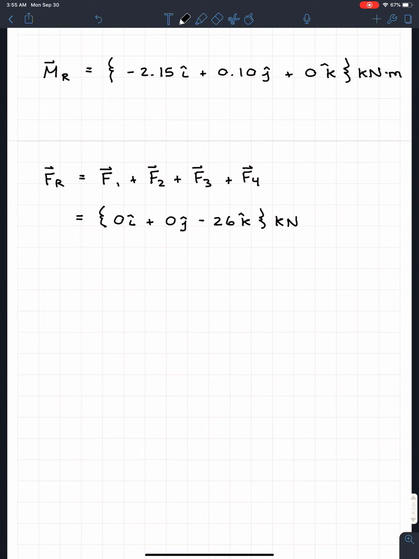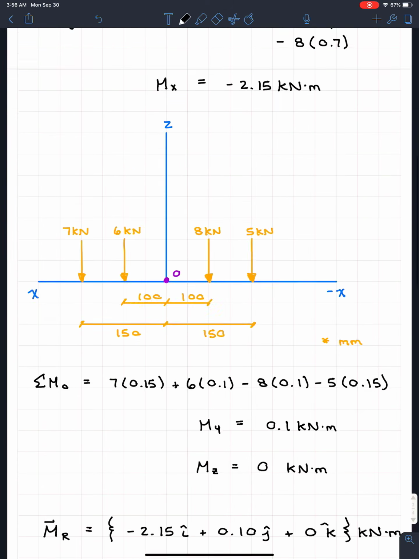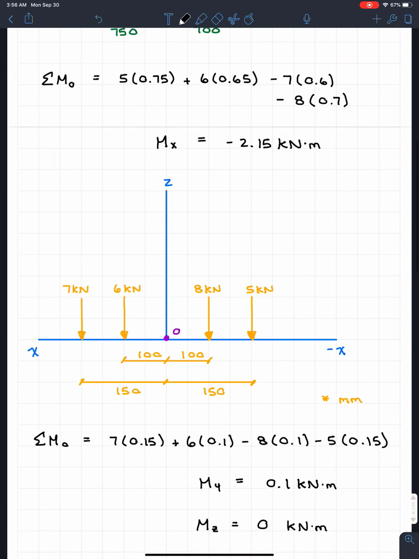So now, with a resultant force and a resultant moment, if I were to draw kind of an origin like this, just give me a second, let's just try and make it somewhat nice. I know I'm not the best artist, but whatever. Alright, so if this is our origin, so we have our x, our y, and our z. Now, is that how it is? Oh, they drew an isometric.